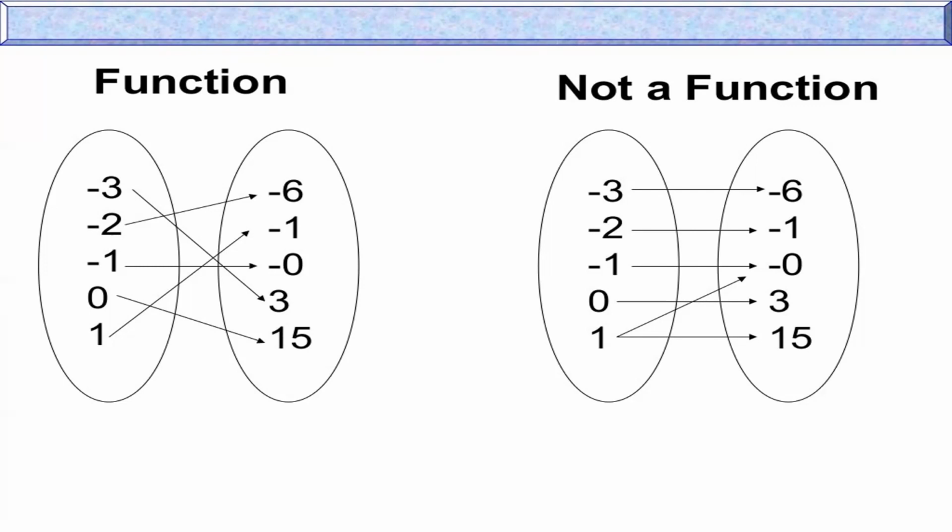The same here: -3, -6; -2; -1, 0; 0, 3; 1, 0; and 1, 15. As you observe, the 1 has two corresponding values of range, that is 0 and 15. So this makes the whole given set of ordered pairs not a function.